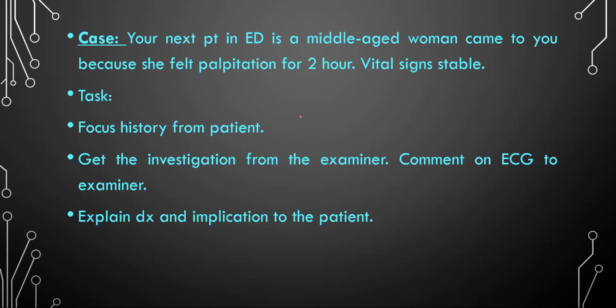Okay, I will draw a diagram. This is your heart. It has electrical impulses inside the heart, which regulate the heartbeat. What happens in atrial fibrillation is that the electrical impulses in the heart are not synchronous, and that's why you feel palpitations.